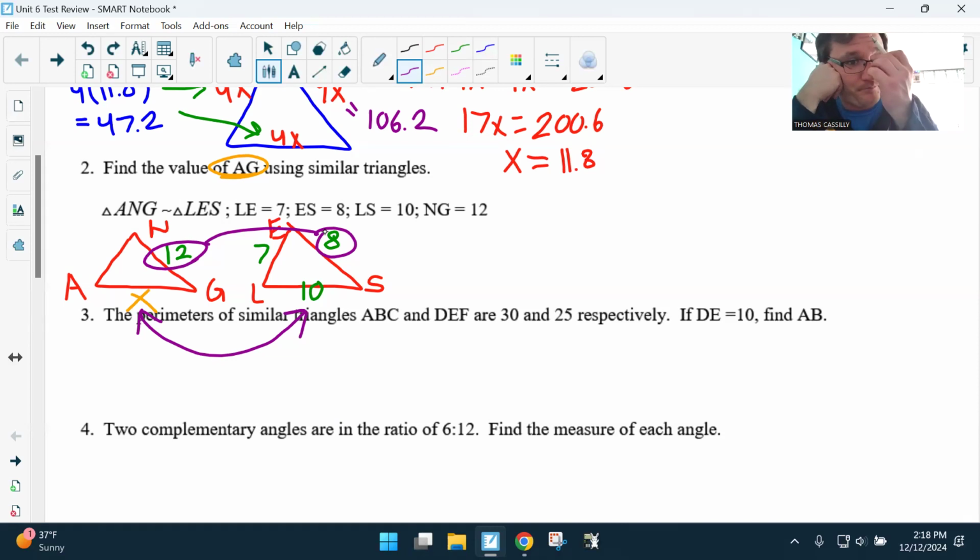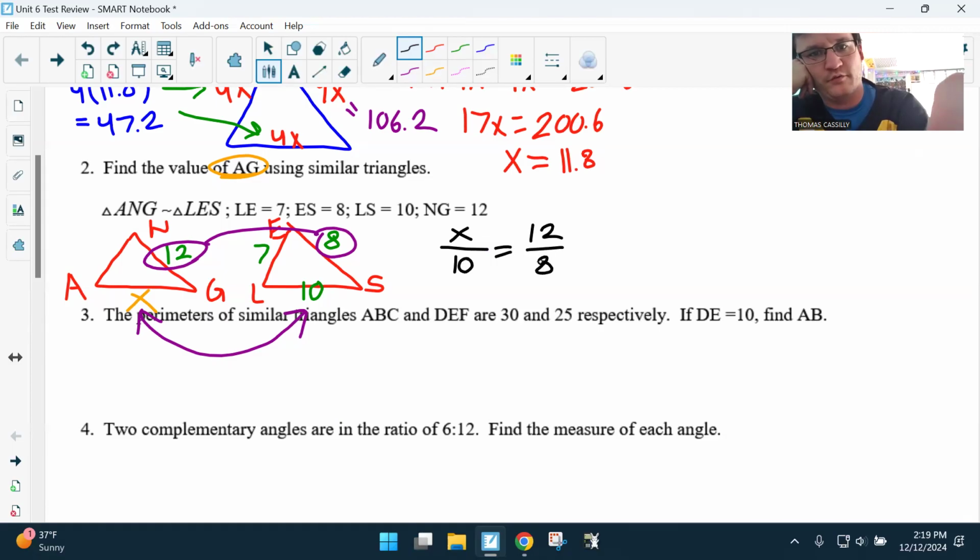So those match up, so what we can do is make a proportion. We're going to say x divided by 10 equals 12 divided by 8. Let's just make sure we're going in the same order. I'm starting with the triangle on the left, and I'm finishing with the triangle on the right, and then I have to go in the same order.